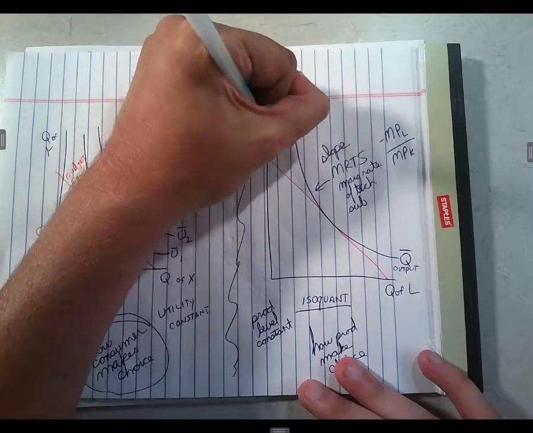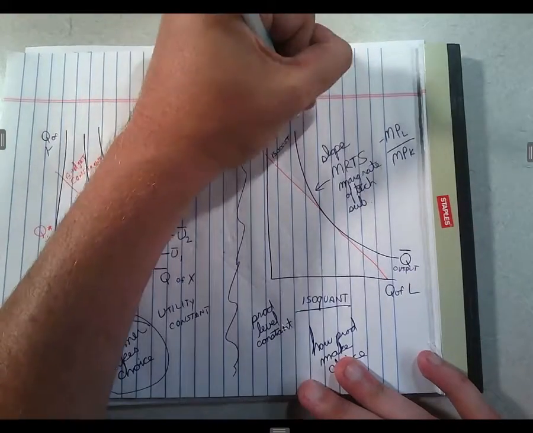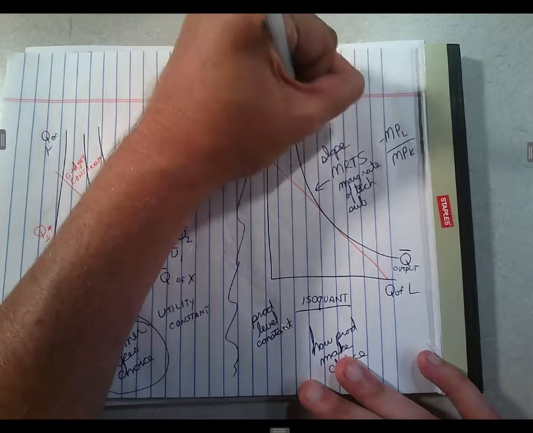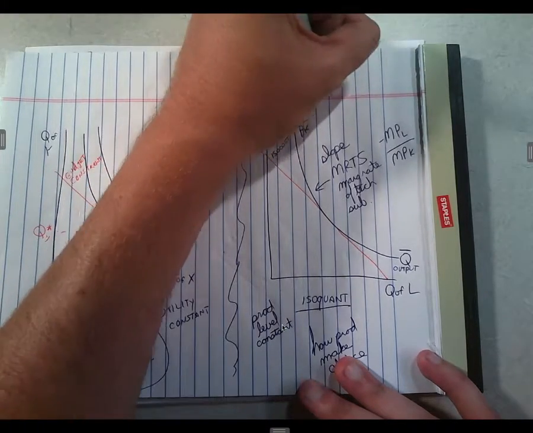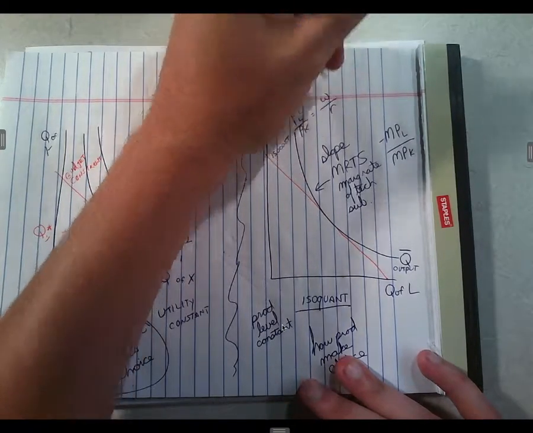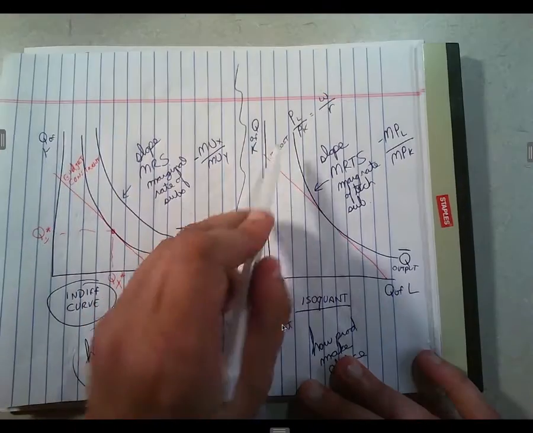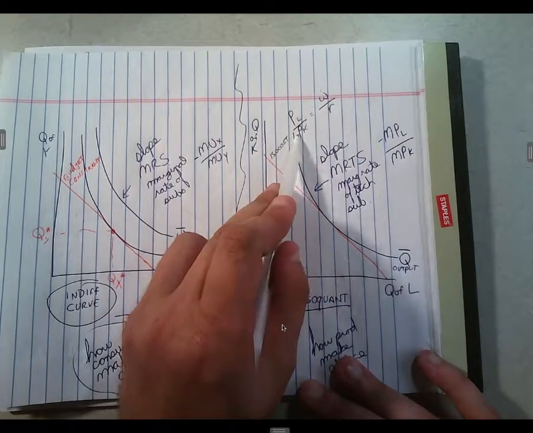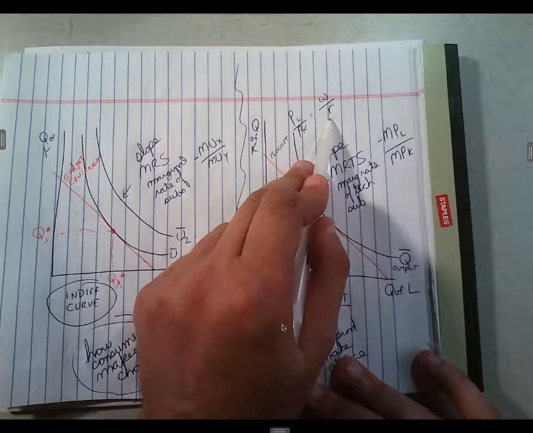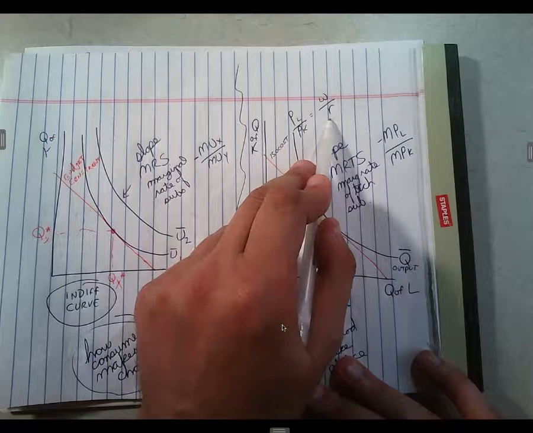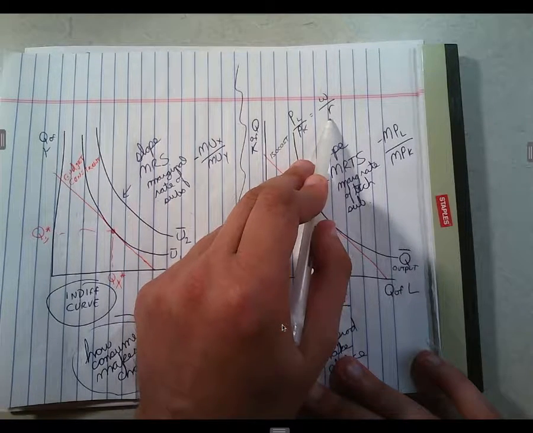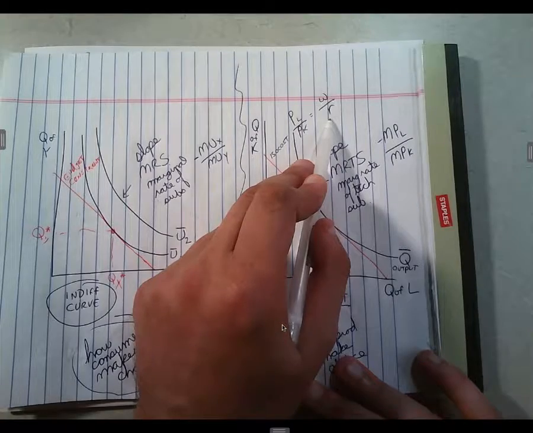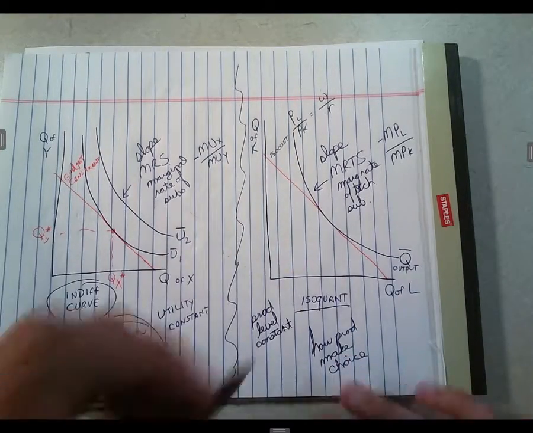What we have here instead is something called an isocost curve, which essentially is my price of labor over my price of capital, or W over R, the wage rate over the rental rate. Price of labor is the wage rate, price of capital is how much I pay to rent it. Even if I own it, I'm basically renting it to myself. Look at what this does.